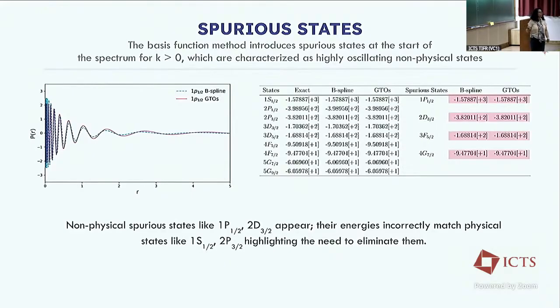So these are unphysical, and they arise because when we expand our Dirac equation in terms of the basis set, the non-relativistic limit for our kinetic energy is not correct. So we definitely want to eliminate these non-physical states.